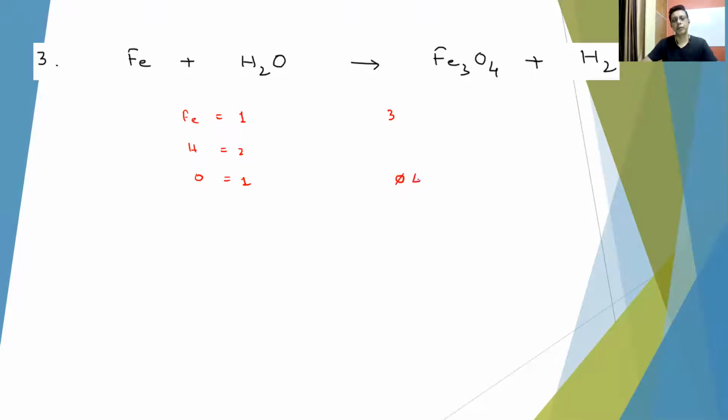Oxygen is 4. So see, in this case, hydrogen is balanced, oxygen is not balanced, iron is not balanced. And as I said earlier, the element which is in the elemental form, which is present only in one place, is balanced at the last. So this hydrogen is present in the elemental form, so we'll balance hydrogen at the end.